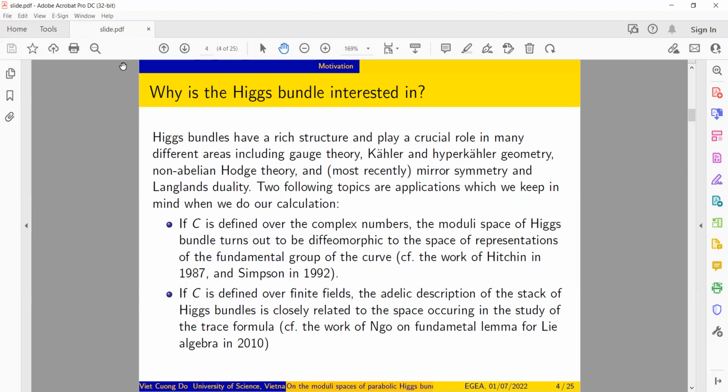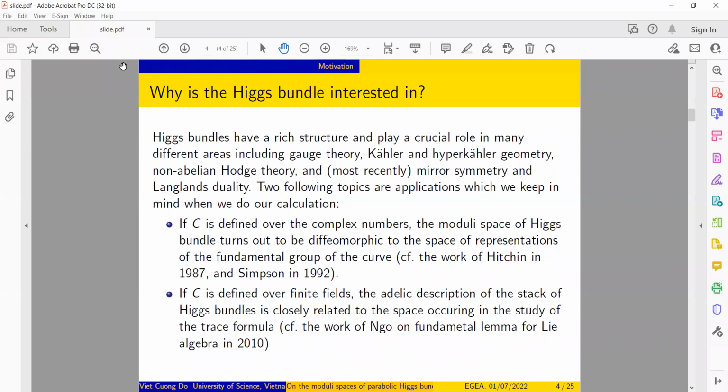So in some sense, when the curve C is defined over the complex numbers, by studying Higgs bundles I can gain more knowledge about the representation theory of the fundamental group of a projective curve.